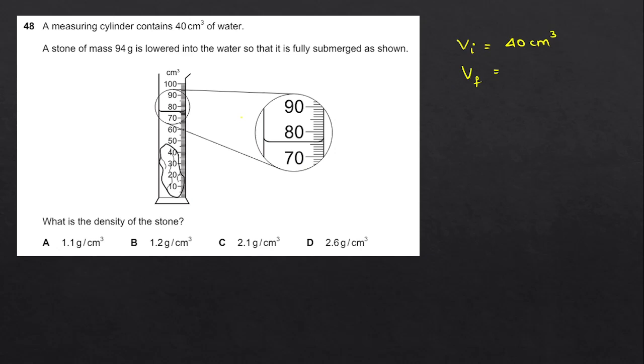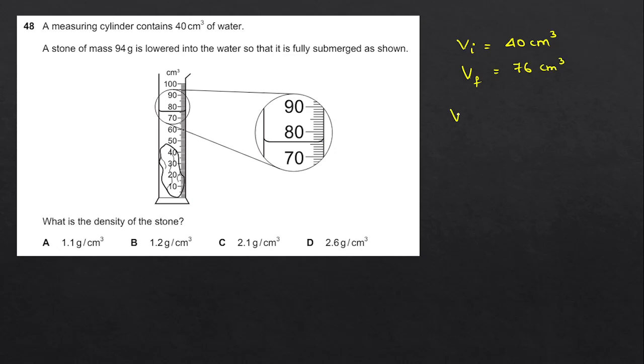For the final volume, let's look at this enlarged image. So we have 70. So each graduation is 1 cm cube. So we have 75 out here and the lower meniscus hits 76 cm cube mark. So the final volume is 76 cm cube.